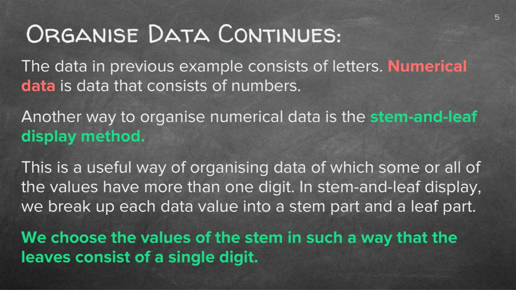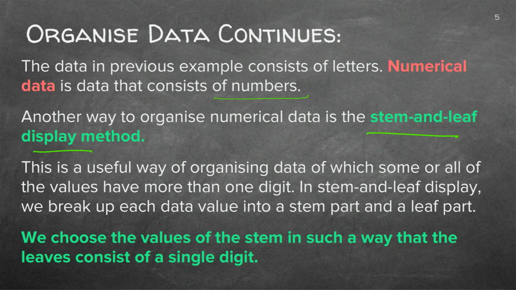The data in the previous example consists of letters. Numerical data is data that consists of numbers. Remember the one was a win, a draw, a loss, and now numerical data consists of numbers. Another way to organize numerical data is the stem and leaf display method.